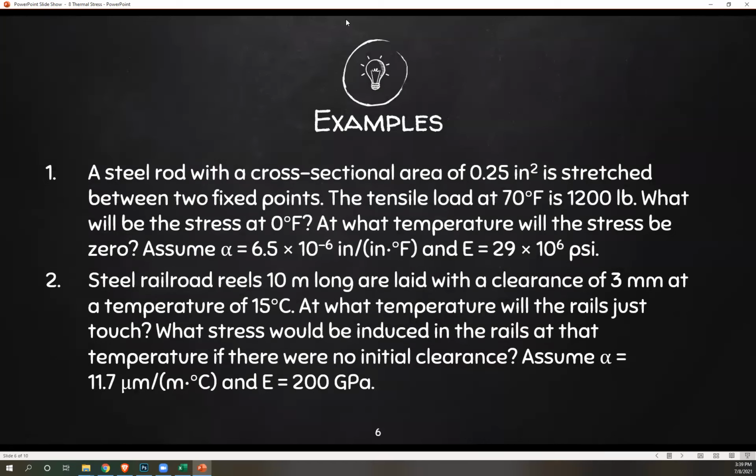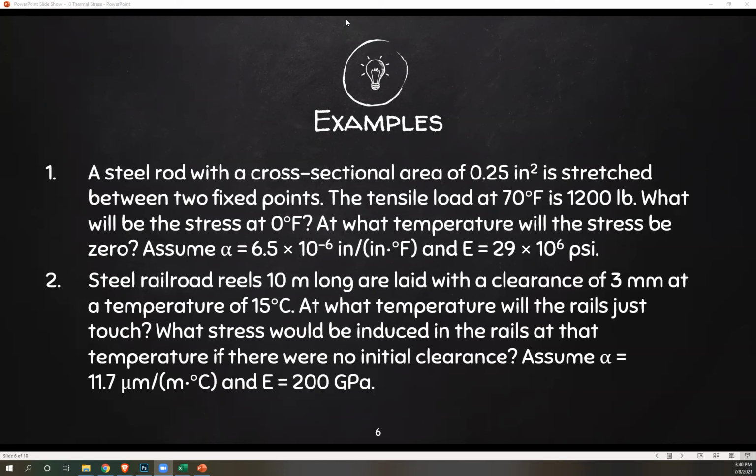Number one, a steel rod with a cross-sectional area of 0.25 inch squared is stretched between two fixed points.